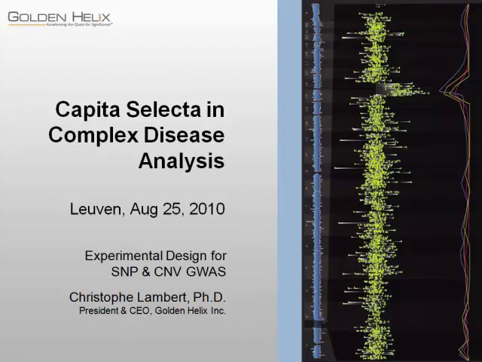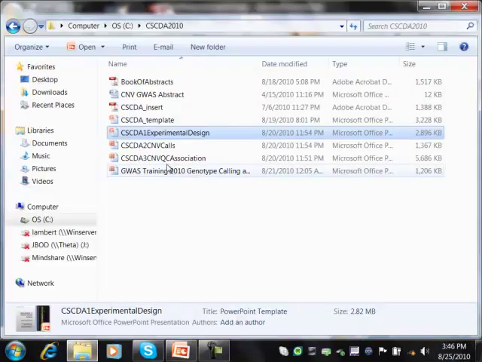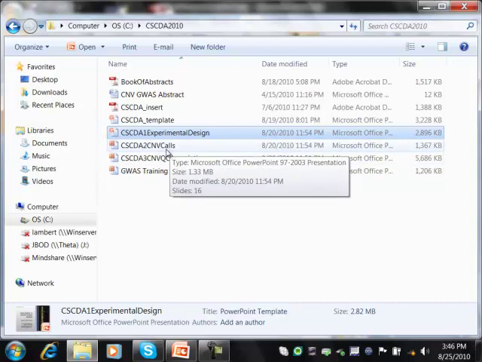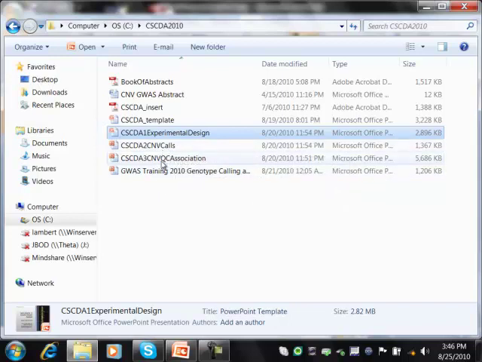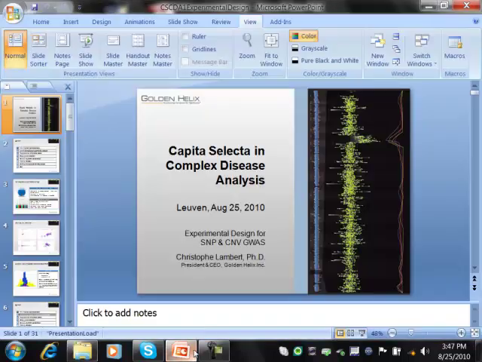I'll be talking about experimental design for SNP and CNV GWAS. I'll talk a bit about how we do the calls, how to transform the experimental data into copy number information, and then go on to the main bulk of the presentation, talking about the quality control facets, and then the actual how to find the relationship between copy number data and phenotypic information.